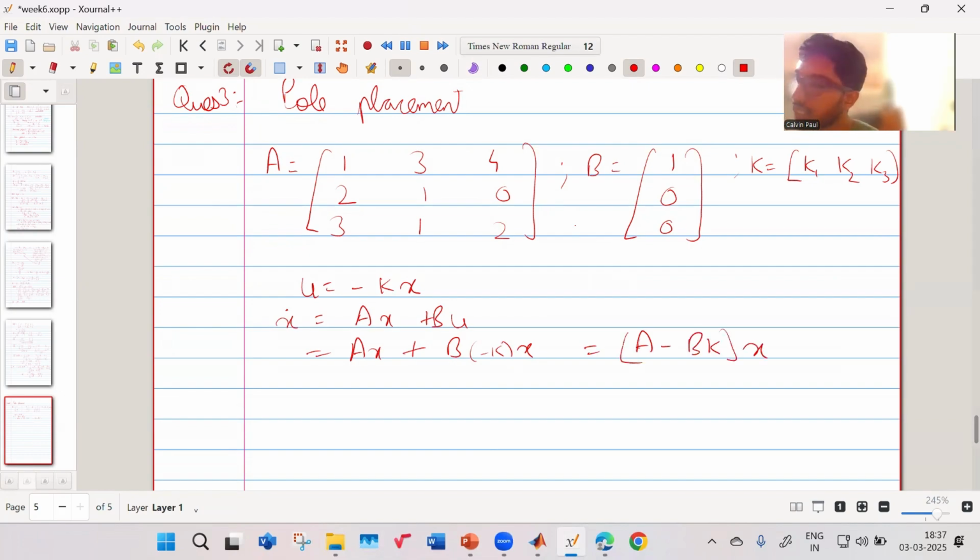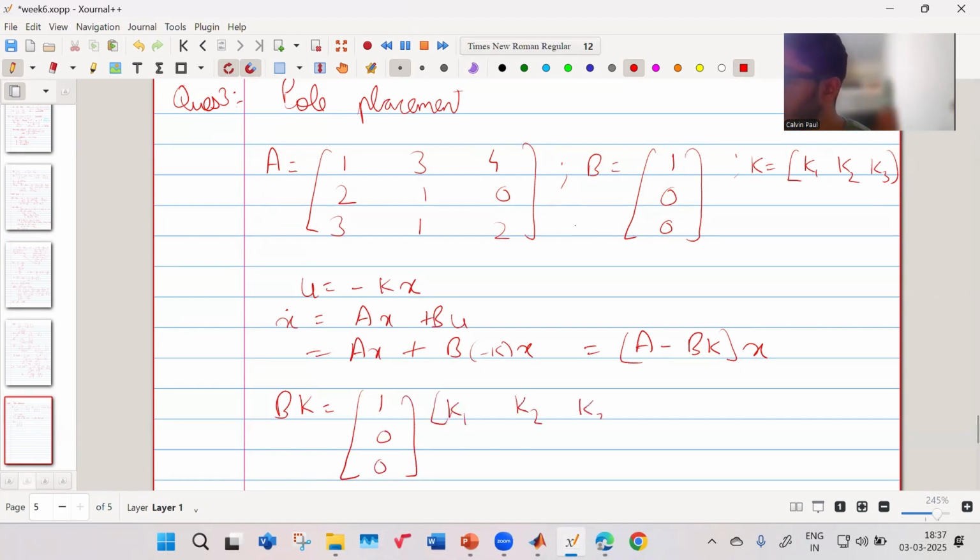Okay, so how do we solve this? We have to find BK. B into K is [1; 0; 0] times [K1, K2, K3], which equals [K1, K2, K3; 0, 0, 0; 0, 0, 0].